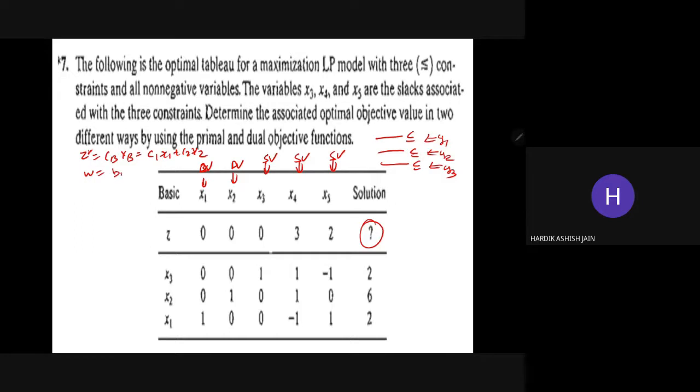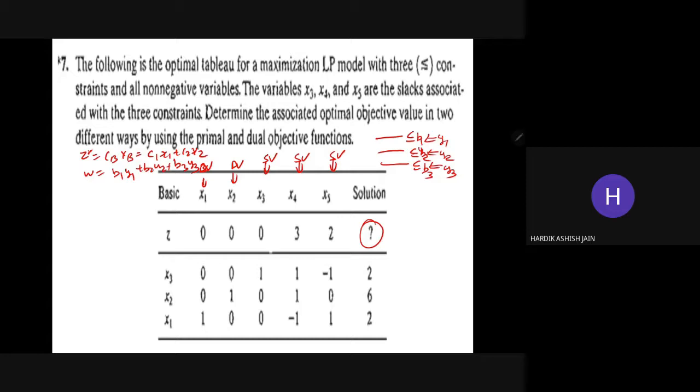If the right hand side is given to you as b1, b2, b3, then W will become b1 y1 plus b2 y2 plus b3 y3. So now we have to compute the value.